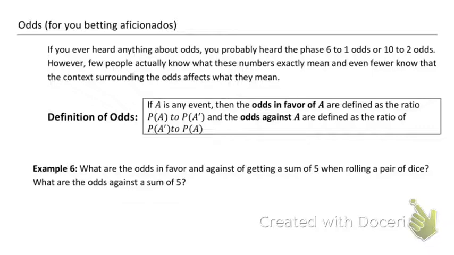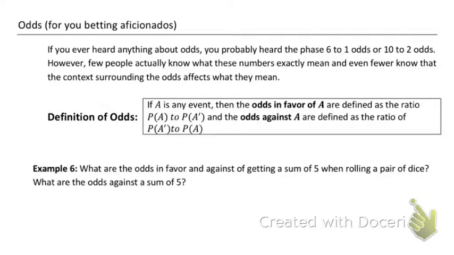Definition of odds: if A is an event, then the odds in favor of A are defined as the ratio of the probability of A to the probability of its complement. And the odds against A are defined as the ratio of the probability of the complement happening to the probability of the event you want happening.